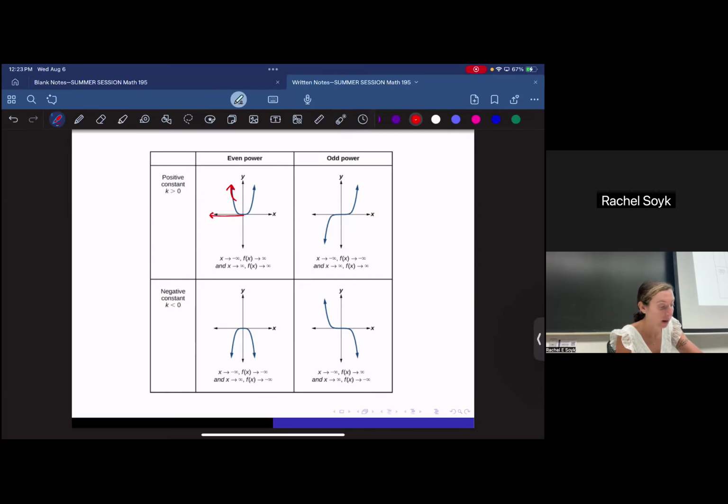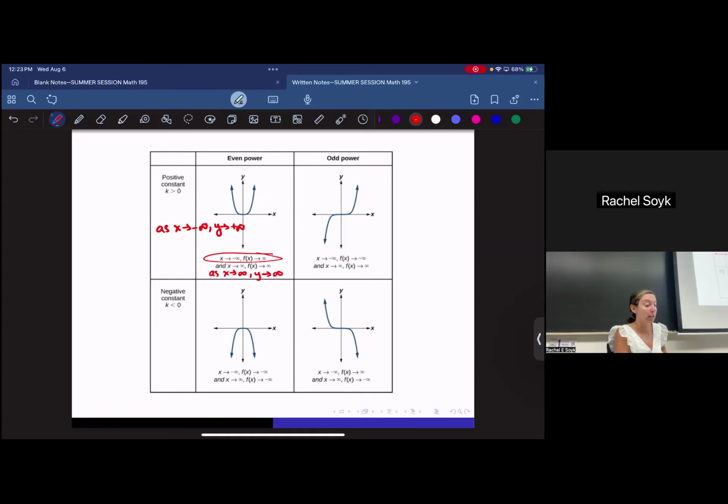They're approaching positive infinity. And so that's where you get this first part here, right? As x goes to negative infinity, our y shoots to positive infinity. And then if you look on the right-hand side, as x goes to positive infinity, y also continues to shoot to positive infinity, which is that second part.